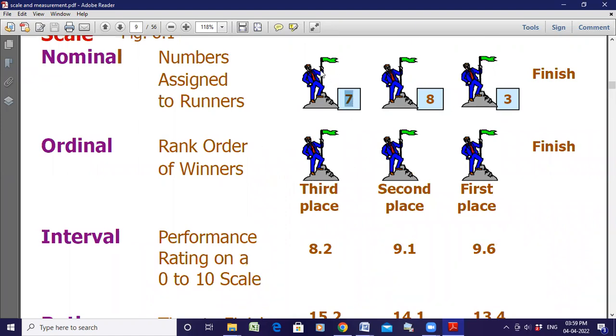From this example it is very clear that this 7 is denoting this particular object. In this case, he is a runner, of course. Then these numbers are very important, because if you change the number, suppose here if you place 8, then all the values regarding it will be some false values.